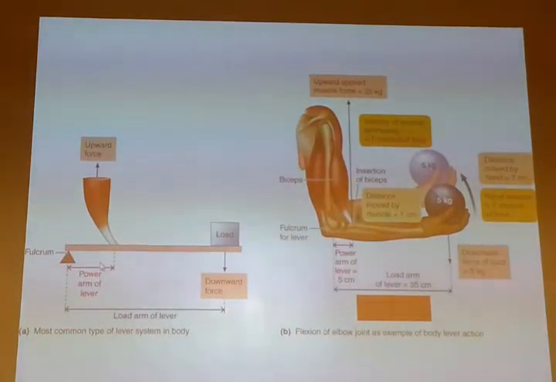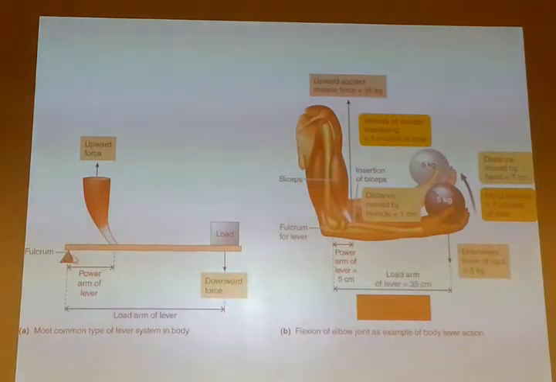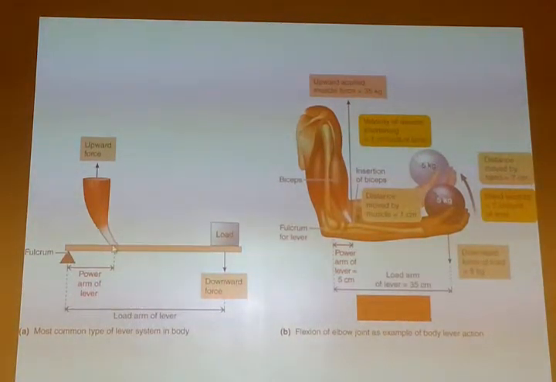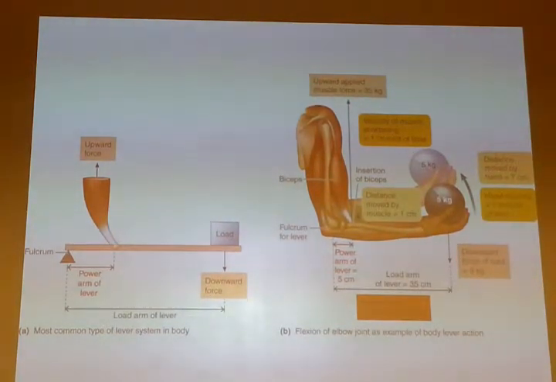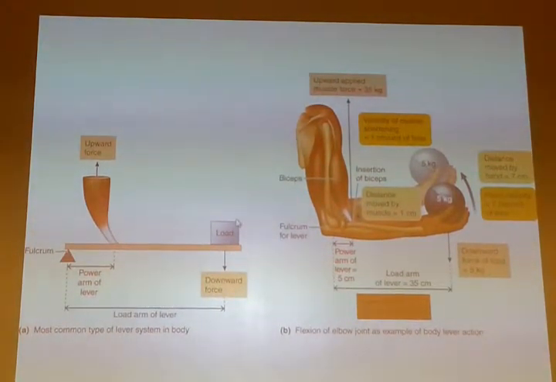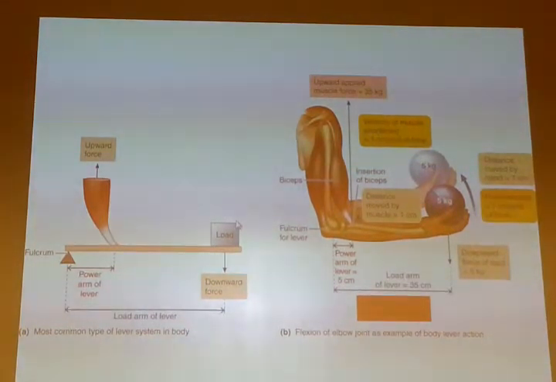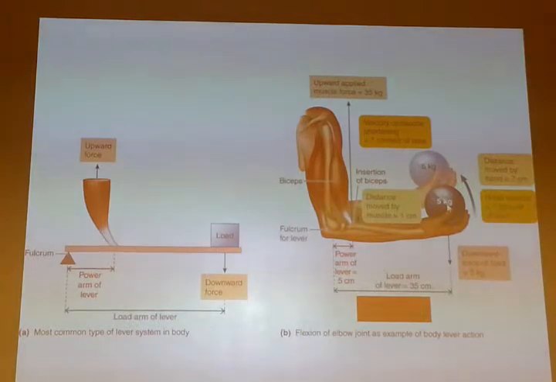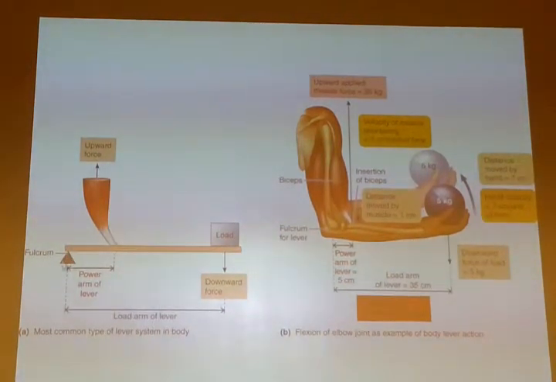So you look at your lever system and you look at the fulcrum, you look at the effort that's being applied, that's your muscle attachment, and then whatever the external load is, it might just be the body part, or it might be something like this 5-kilogram ball that was placed into the hand. Fulcrum is the joint, the pivot point of your joint.